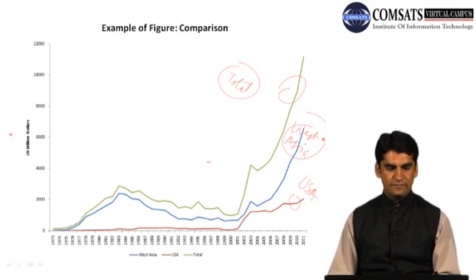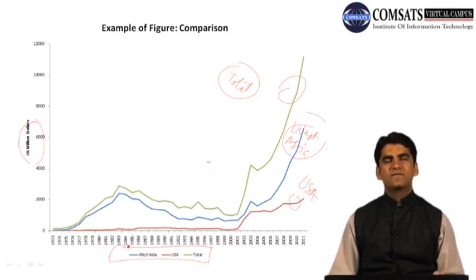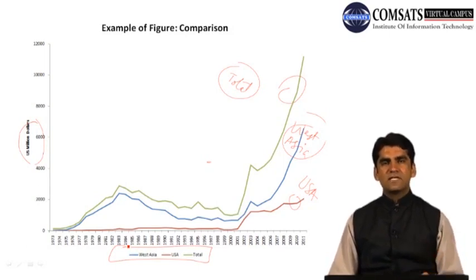Here we have US million dollars, the lines are explained, and now we have to find out, from what we learned in our previous lecture, what is missing from this graph.